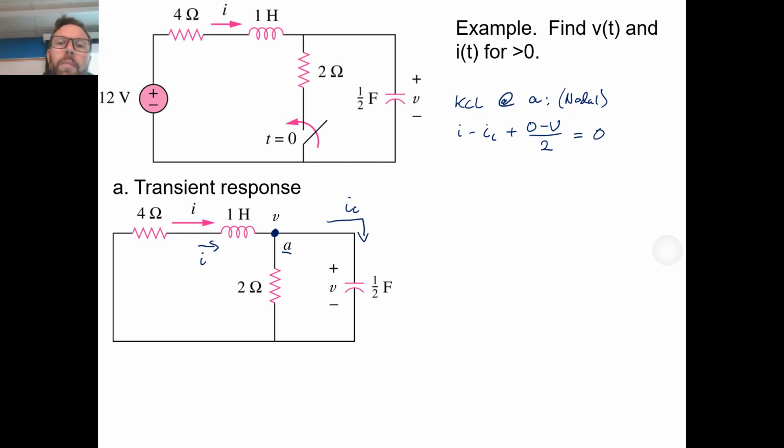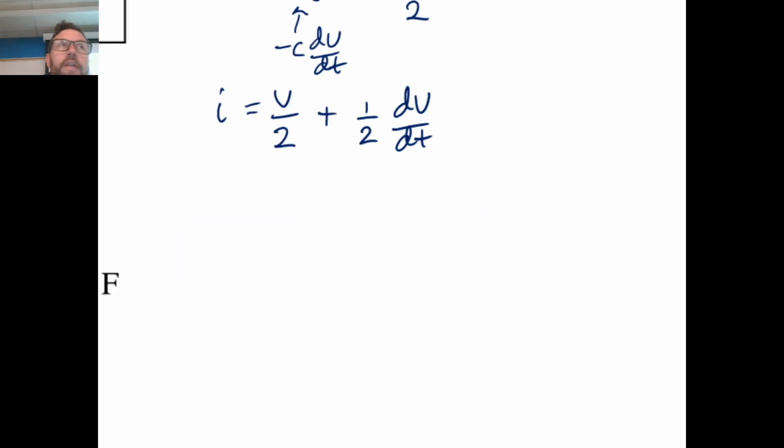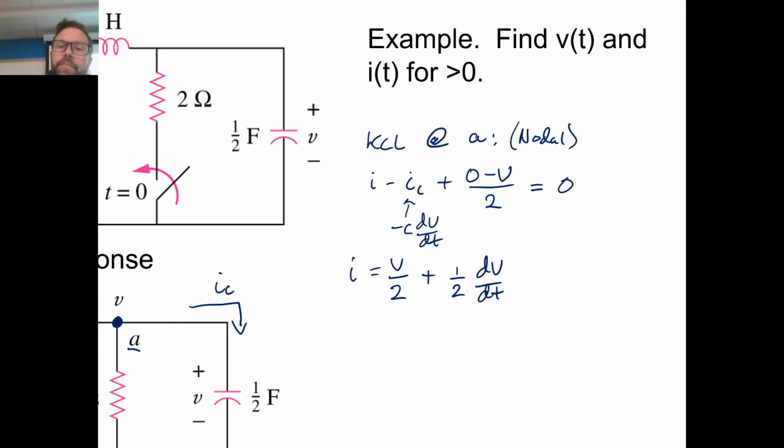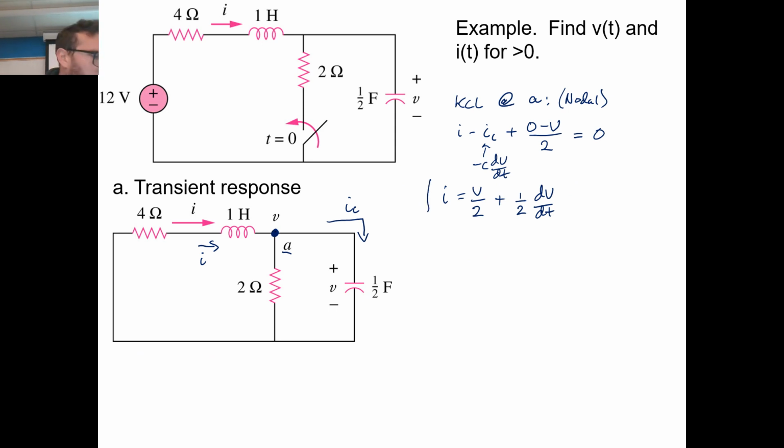We'll remember that IC is this term here. That's going to be a negative C dV dt. So what we get is that I of t is equal to V over 2 plus 1/2 dV dt, and that 1/2 is the capacitance, C. So that's equation 1.